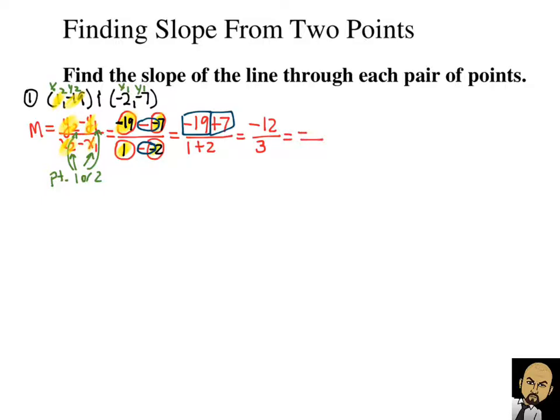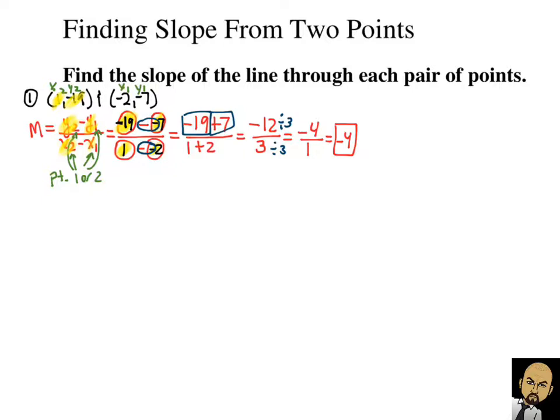And so our answer is going to be negative because the slope is already negative, and we're going to divide 12 by 3 and 3 by 3, and that's going to give us -4, because -12 divided by 3 is -4, and 3 divided by 3 is 1, and then we have -4 ones. Now in my class I tell you guys about the toothpick, so the -4 is going to smash the 1 down, and that's where our slope ends up being -4.